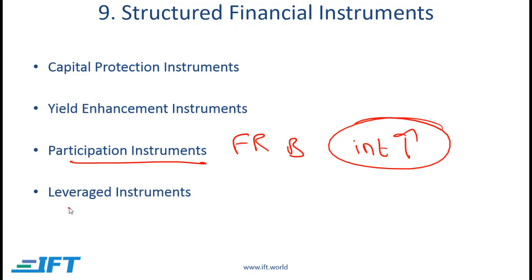The final category we need to study is leveraged instruments. These are structured financial instruments created to magnify returns, and these instruments offer the possibility of higher payoffs from small investments. A classic example here is an inverse floater. With an inverse floater, the coupon payment is inversely related to some reference rate.